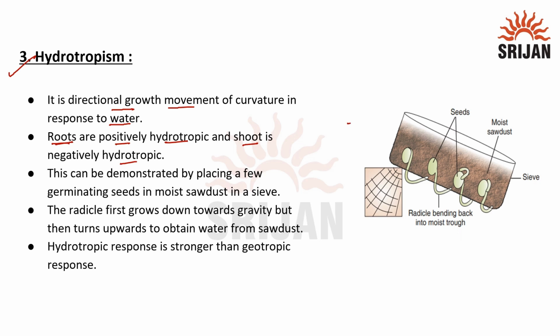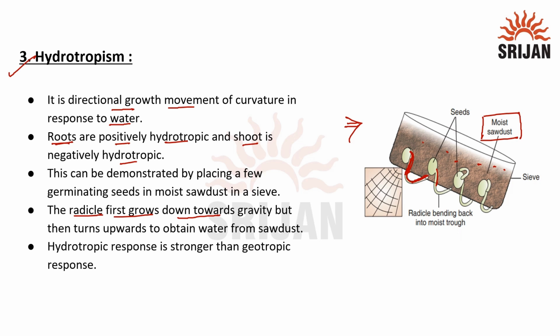So here is an experiment. We can see that this is moist sawdust containing water. This is the seed, and this part that we can see is called the radicle, which is going to develop into the root. First we can observe that the radicle is growing downward. That means it is positively geotropic, right? So the radicle at first grows downward, but then suddenly it takes a turn and goes upward.